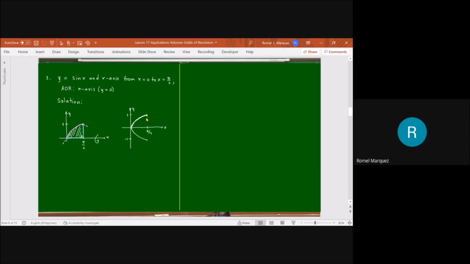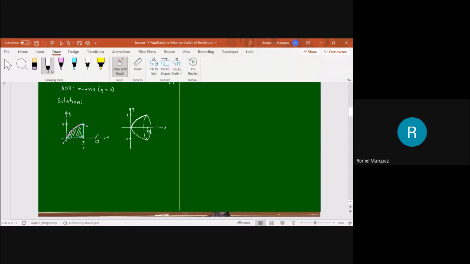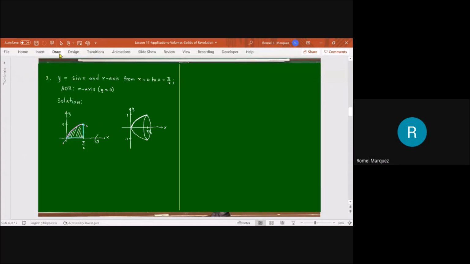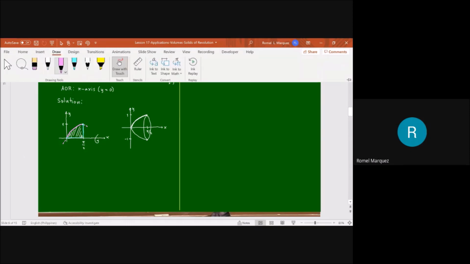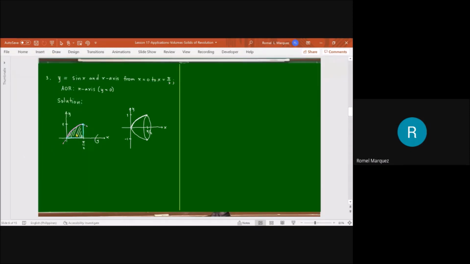So this is the shape. Guys, can you imagine now the shape? We want circular disc if possible. To be circular disc, the element should be perpendicular, and that is vertical, the appropriate one. So when you rotate that, it will form the disc.